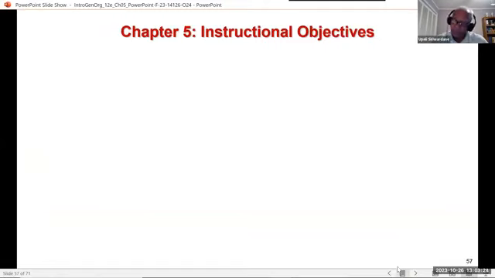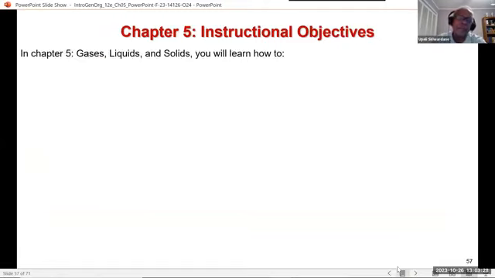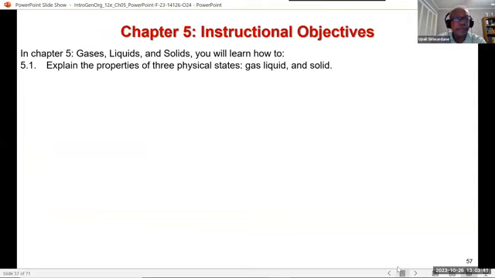I am going to talk about what we've done so far. We were on chapter 5, describing gases, liquids, and solids in detail. We described the physical states based on kinetic molecular theory: the physical states of gas, liquid, and solids.